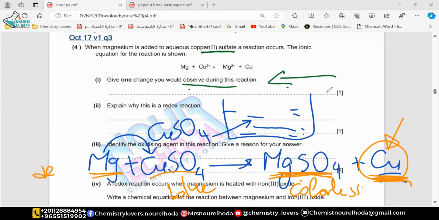So I will say the magnesium will decrease in size, this is number 1, and number 2, the solution will be decolorized, and number 3, I don't say copper in an observation. No, I will say pink brown substance is formed.